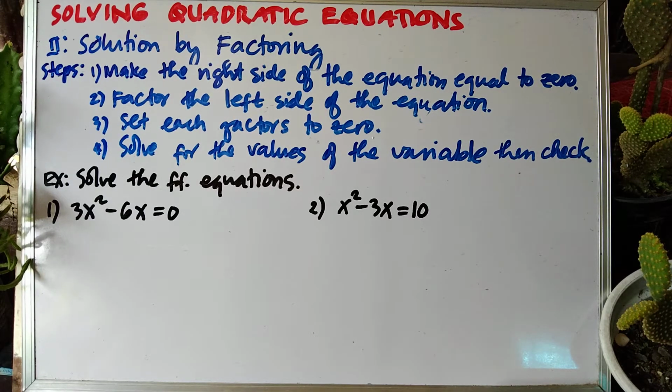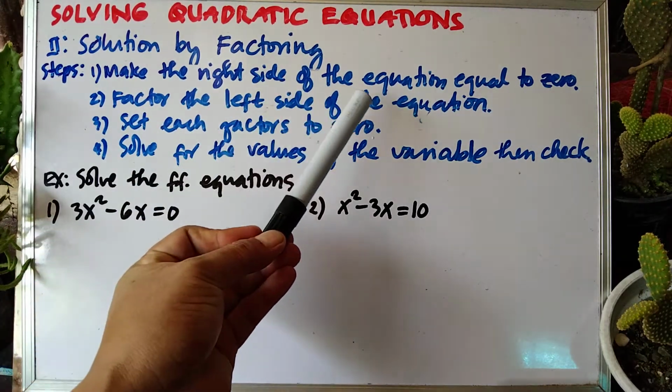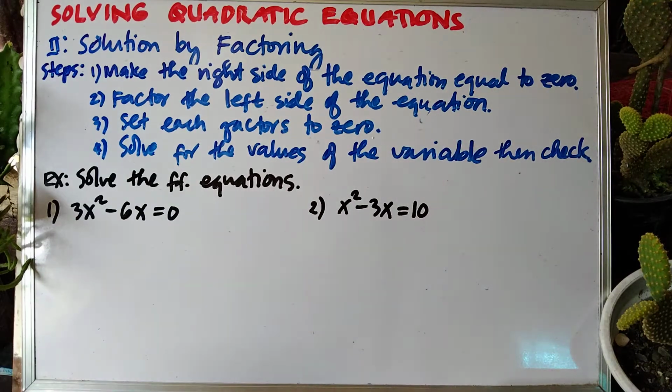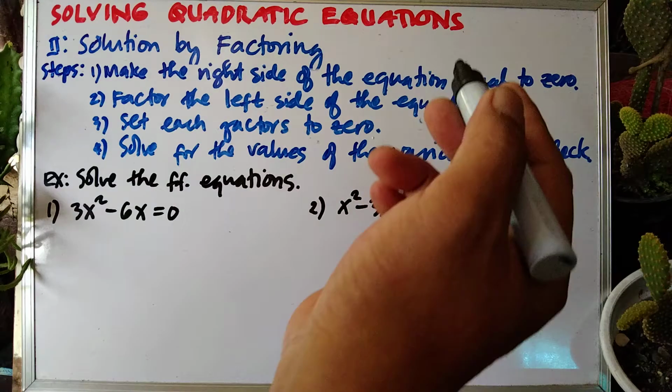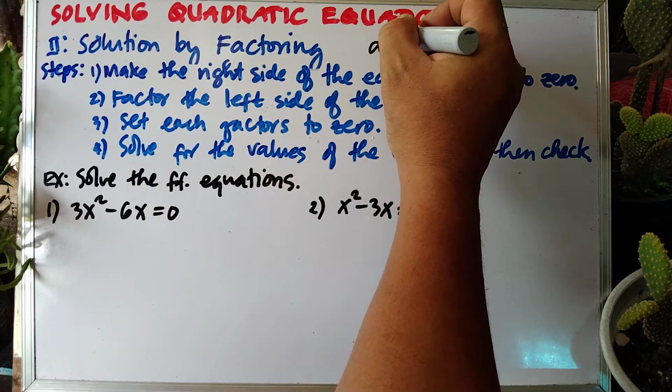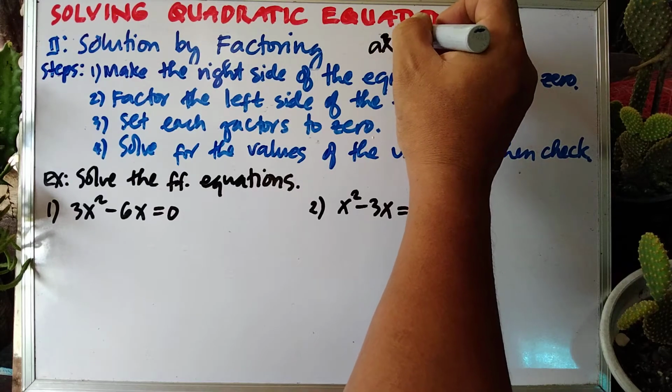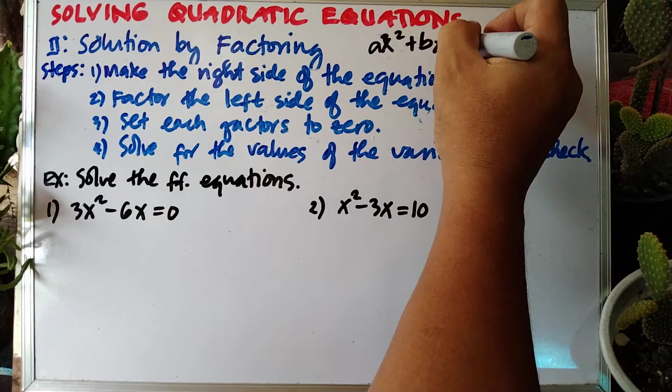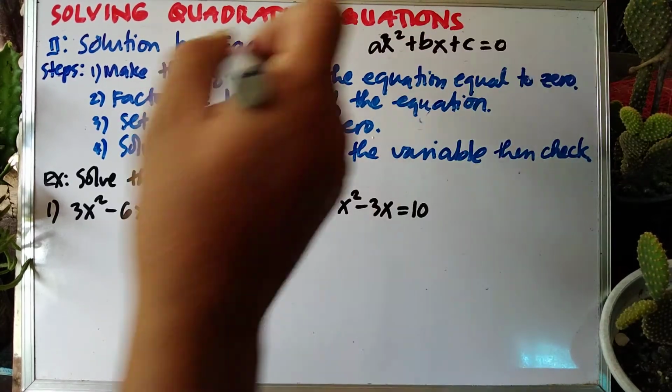Okay, now we have some steps here to consider on how to solve quadratic equations by factoring. Number 1, make the right side of the equation equal to 0. Okay, what does it mean? Meaning, the equation should be written in its standard form, ax squared plus bx plus c is equal to 0.